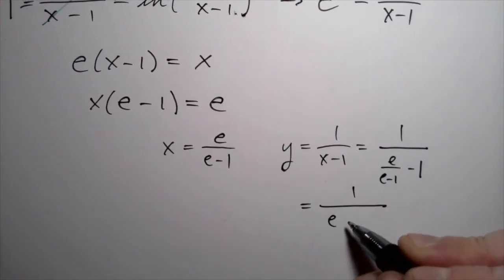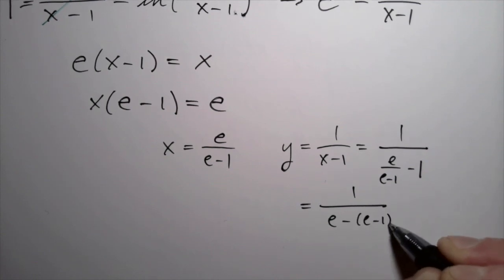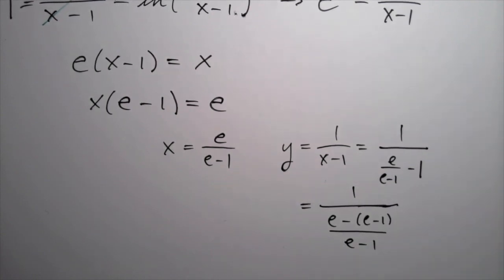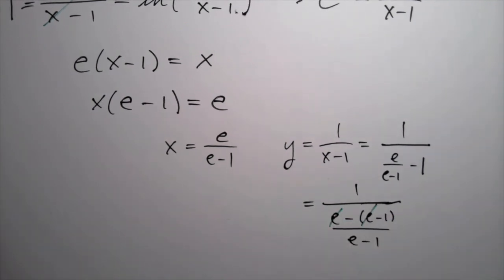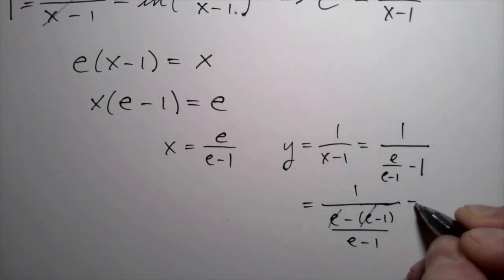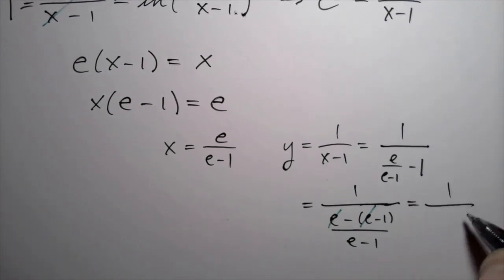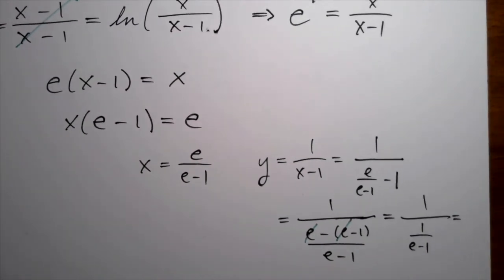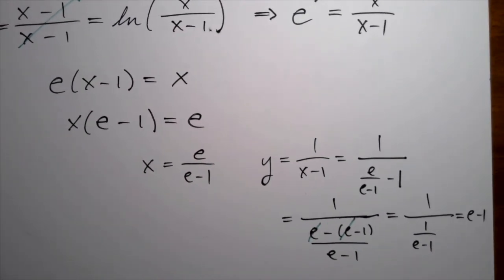If I write this as e minus, and then using a common base of e minus 1 to combine fractions like that, you'll see that the e's will cancel. I'll have an e minus e. I'm just left with positive 1. Two wrongs make a right in the numerator there. So this is 1 over e minus 1. In other words, that's just e minus 1.